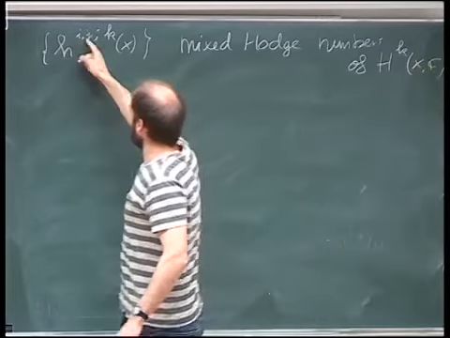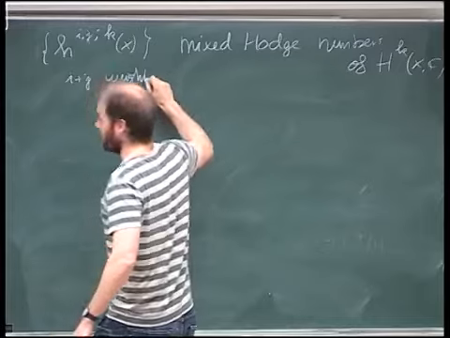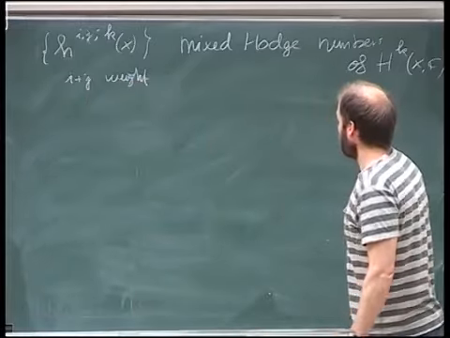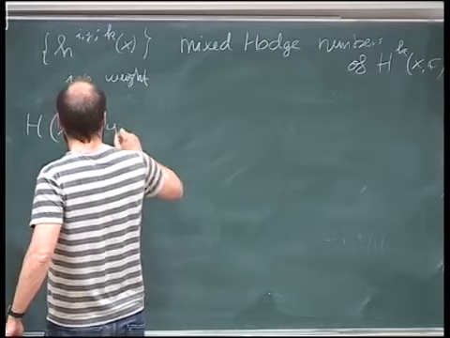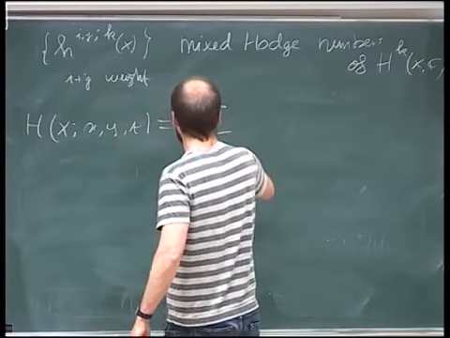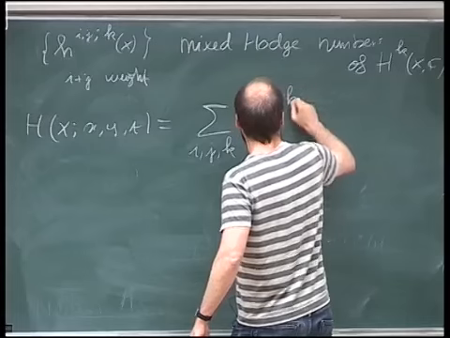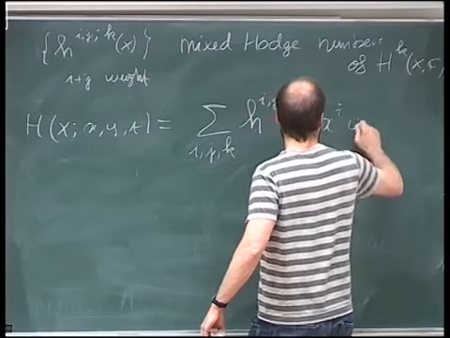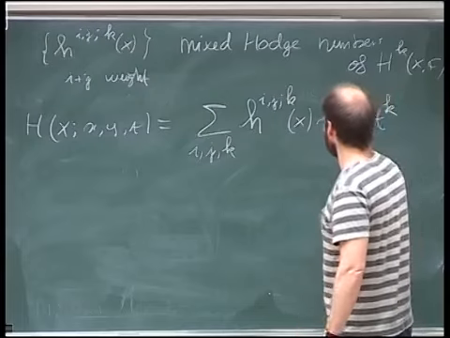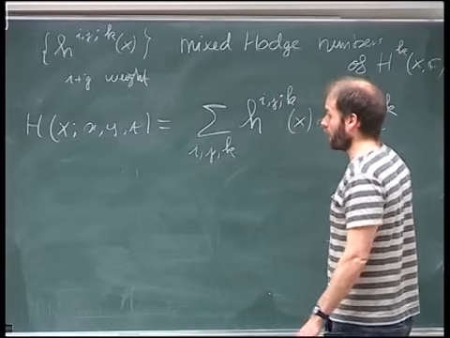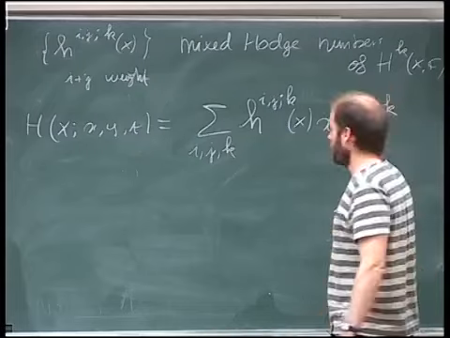Basically this gives you the weight, so i plus j is the weight, and it tells you where it lives in the filtration. Then you can write the Poincare polynomial of this, and this is what we call the mixed Hodge polynomial. It is the sum over all i, j, k of h^{i,j;k}(X), with one variable for each integer here. When X is projective, the sum is over i plus j equal to k. So that is the difference.